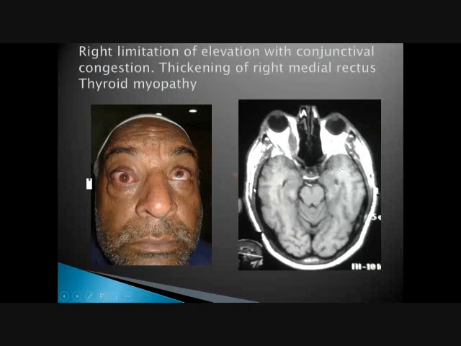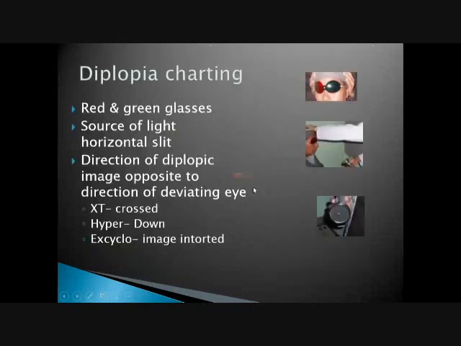Okay, thickening of the muscle. And now another important step in the evaluation is diplopia charting. Diplopia charting you can do with a pencil, and if there is, let's say, horizontal squint, you can keep a pencil like this and you can compare in which gaze it is increasing.